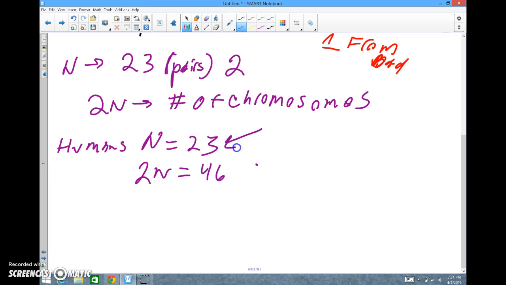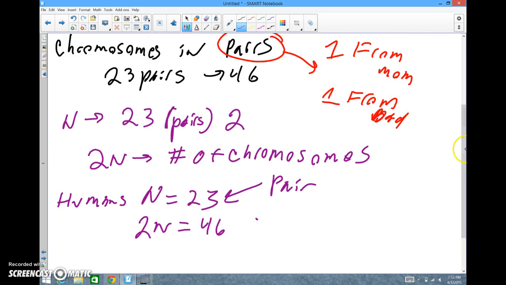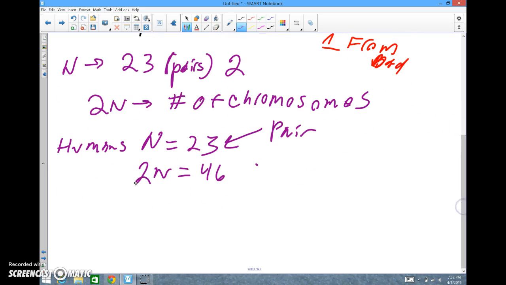Because for each one of these, you have a pair, remember? Because one comes from mom and one comes from dad. So you always have two of the n chromosome number. So that's why human beings have 23 pairs, which is n, and 46 total chromosomes, which is 2n.